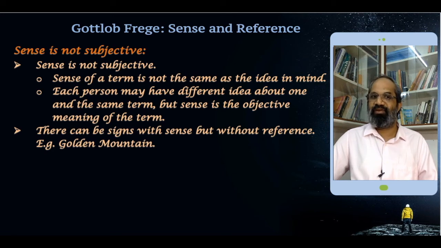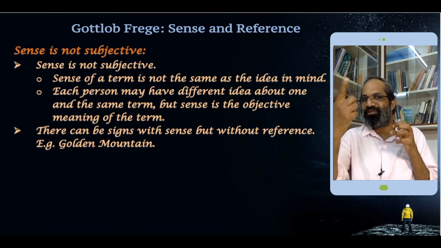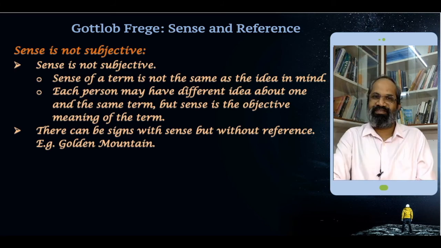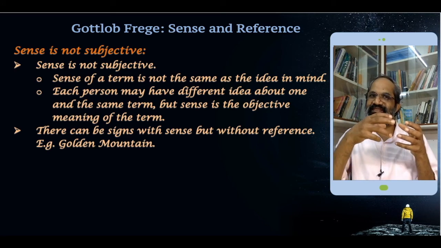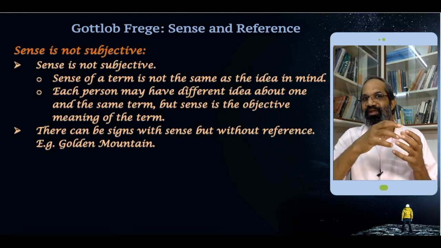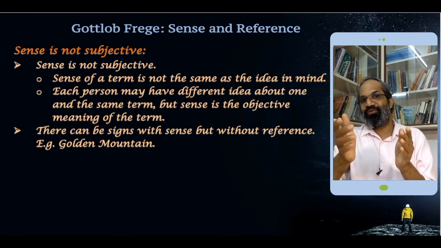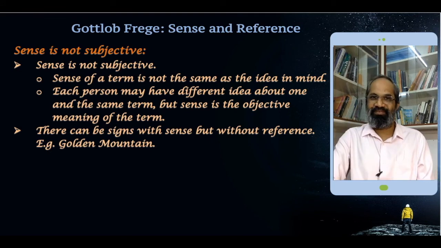For example, golden mountain. Earlier we have seen that the sign connotes its sense and denotes its object. There are things which make sense but do not have reference. Example, golden mountain. There can be a golden mountain. There is nothing logically refraining you from thinking of a golden mountain.